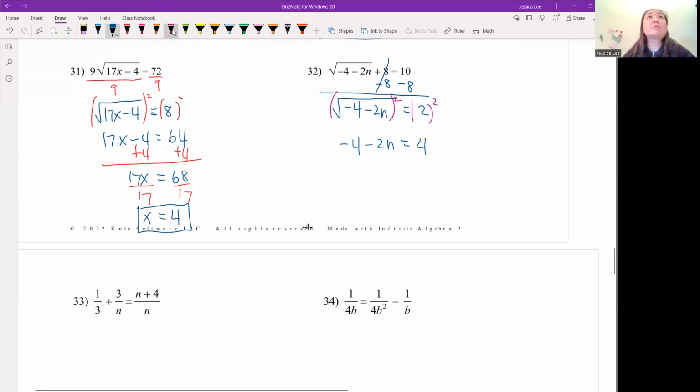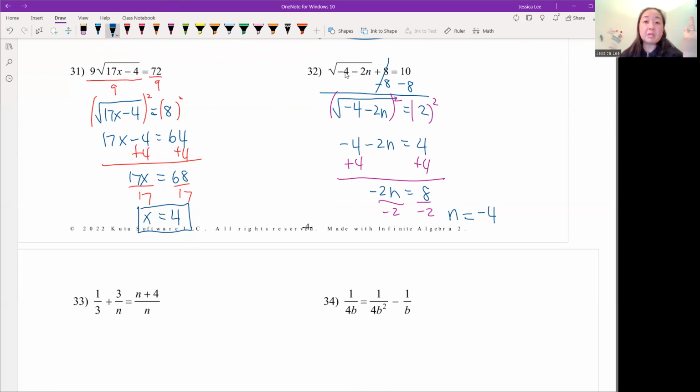And then we're going to add 4 to both sides. Negative 2n is equal to 8. And then divide by negative 2. And n is equal to negative 4. If I plug that back in here, negative 4 times negative 2 is positive 8, which is going to be bigger than this negative number. So we're good.